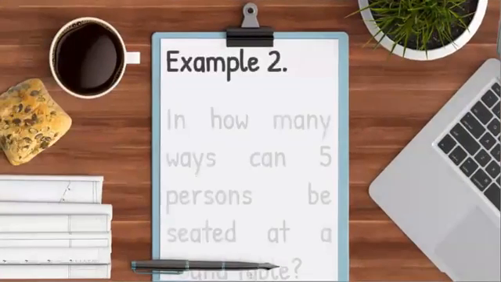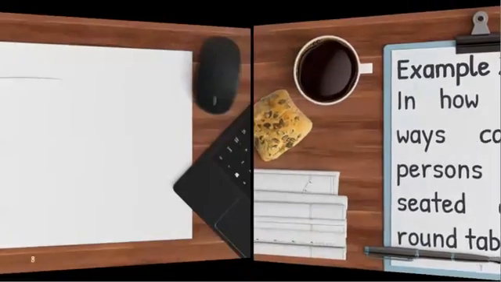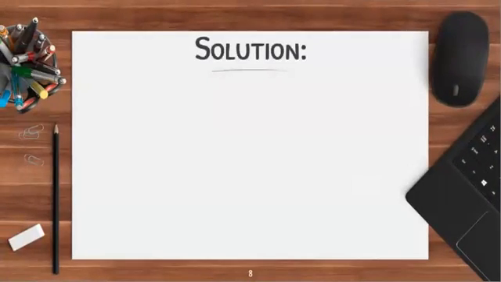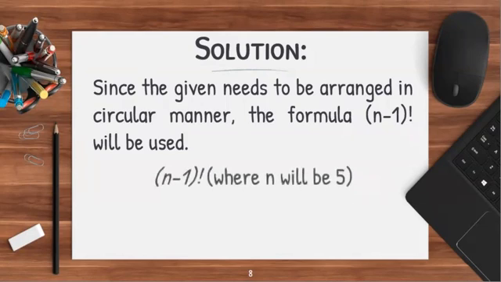Let's have another example. In how many ways can 5 persons be seated at a round table? So this one naman po ay 5 persons naman po, kumbaga yung i-arrange natin around a round table. Since the given needs to be arranged again in circular manner, the same formula will be used, yung ating quantity of n minus 1 factorial.